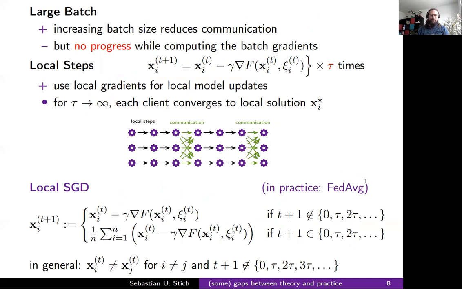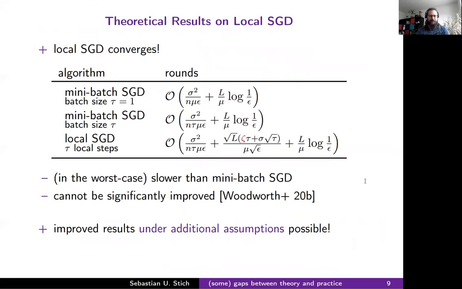So why should this be better intuitively than computing large batches? Well, if we do these sufficiently many local steps, each client converges to a good local solution. So at least they make some progress compared to just increasing the batch size. But on the other hand, overfitting of the local data is also a problem in practice.